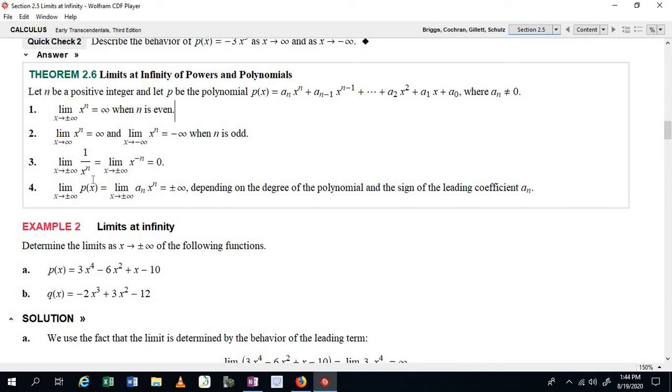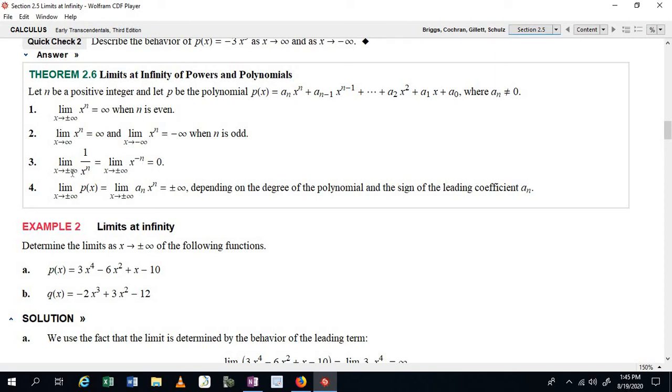Now, if you take 1 over x to the n power and find the limit as x heads towards infinity or negative infinity, what's going to happen to the y value? Well, it's going to head towards 0 because x is getting larger and larger, and you're raising that to the nth power. And so you get 1 divided by a really large number, which is close to 0.